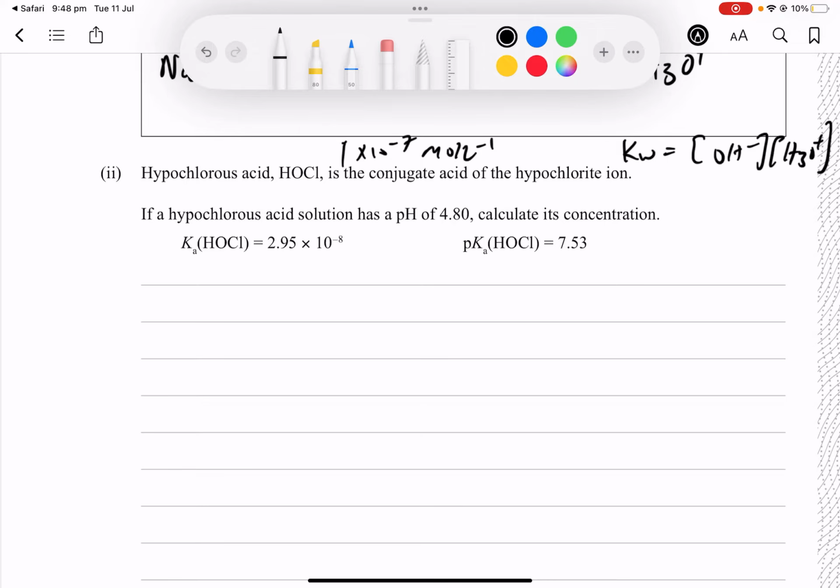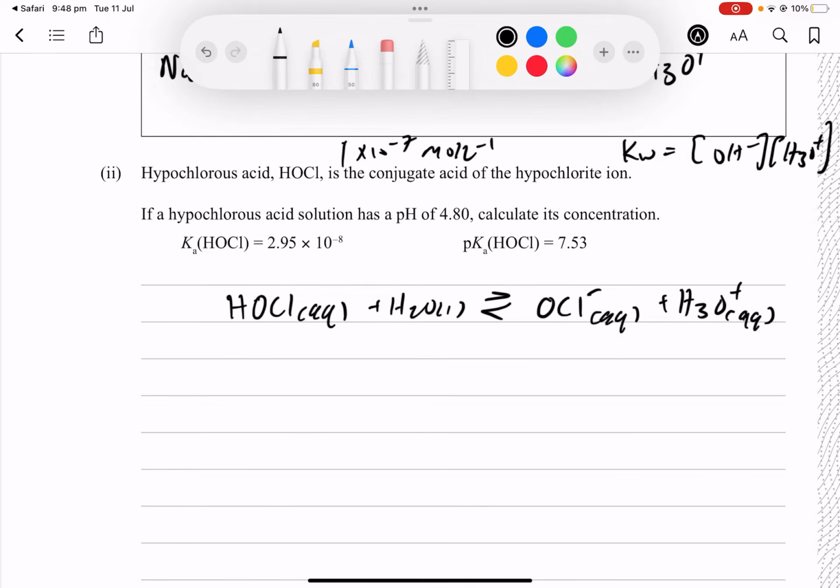HOCl reacts with water, forming some concentration of OCl minus ions and hydronium ions. And therefore the expression for Ka would be equal to the product of hydronium ions multiplied by the concentration of OCl minus ions divided by the concentration of HOCl.